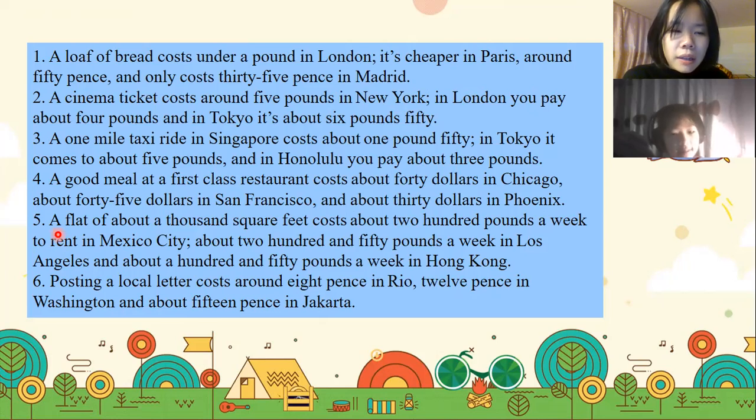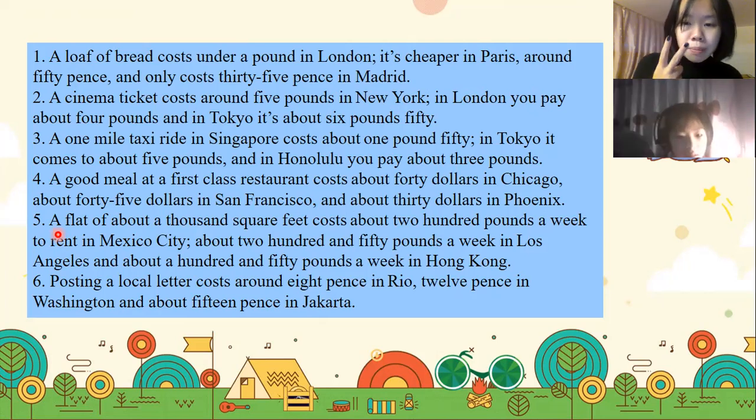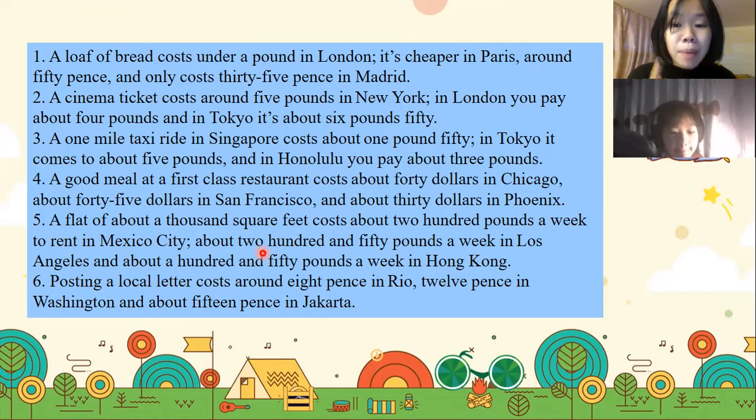That means a flat of about 1,000 square feet will cost about 200 pounds a week to rent in Mexico, and about 250 pounds a week in Los Angeles. 200 pounds a week here, 250 pounds a week here, right? And the remaining one is 150 pounds a week in Hong Kong.